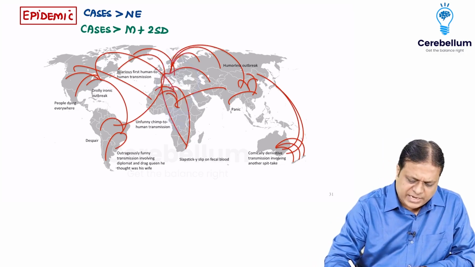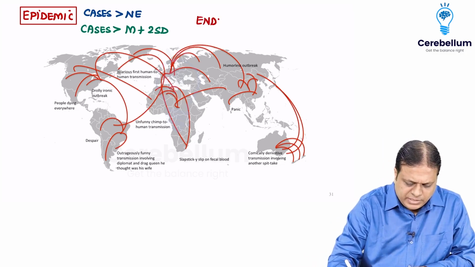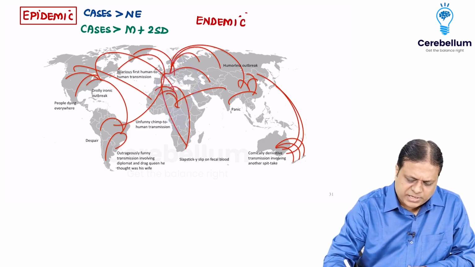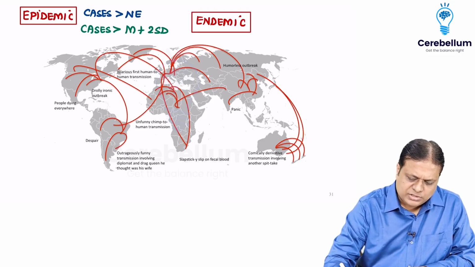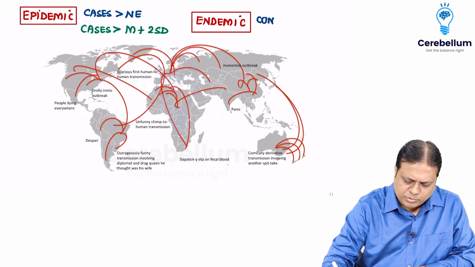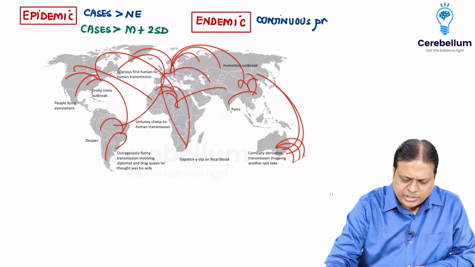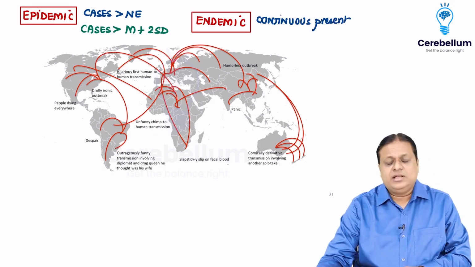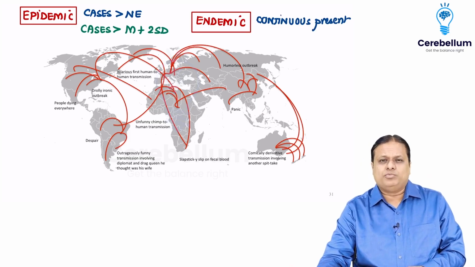Then what is endemic? Endemic is a disease which is always present in the population. So continuous presence of a disease in a population. Majority of diseases are endemically present in the population.